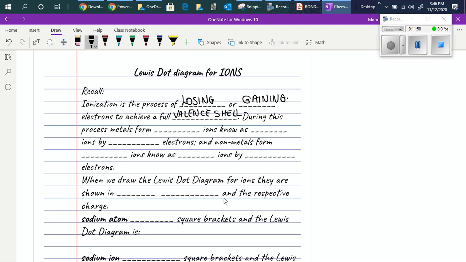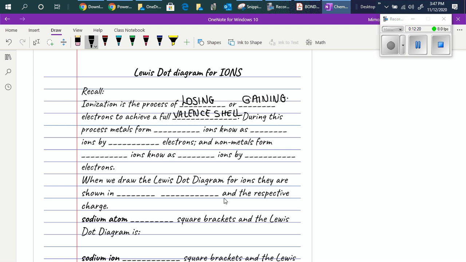Metals are giving away electrons, and in this case they are becoming positively charged because the number of protons is greater than the number of electrons. Non-metals are receiving the electrons, and so they are becoming negatively charged.